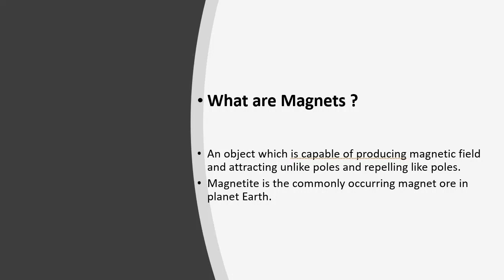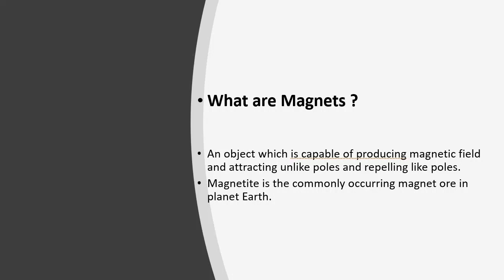You must be aware of it, they attract iron, nickel, cobalt, and in some cases some alloys also, which we are going to discuss in the near future. But for now, it is just an object. Now, magnets can be of two types, natural as well as artificial.